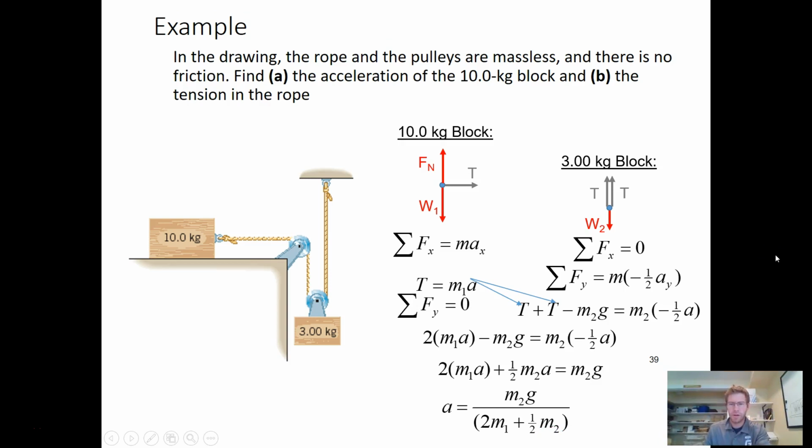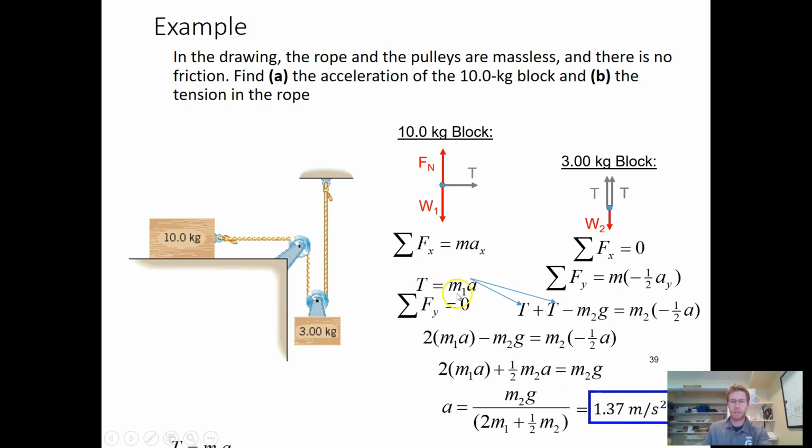So we plug and chug and do the math, and what we find is an acceleration of 1.37 meters per second squared. Now we got the first half, part A, done, but we need part B still, the tension in the rope. Acceleration, box-worthy, boom, nailed it.